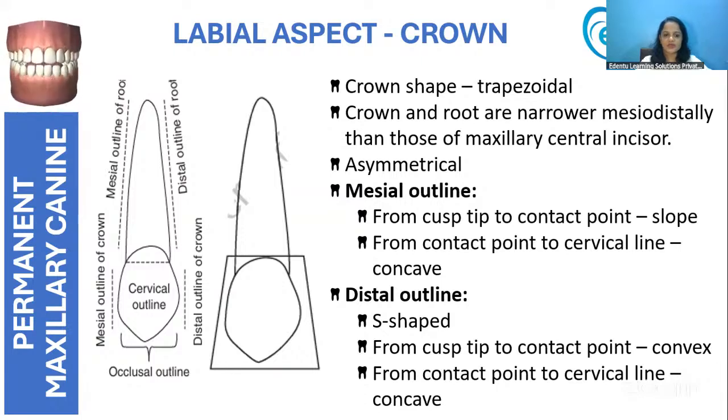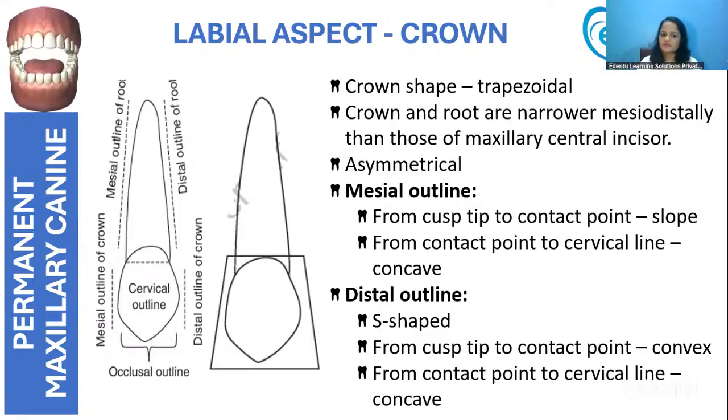The crown and the root are narrower mesiodistally when compared to the central incisors. Those central incisors, the crown and the root are a little bit flat and very broad, but in case of the canines, it is usually narrower when compared to the maxillary central incisor.